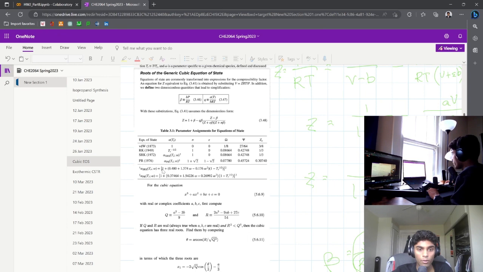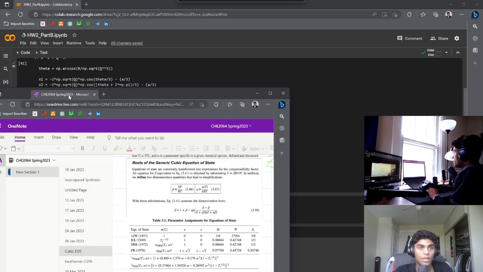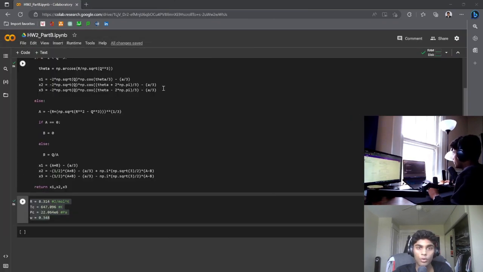So one of the first things that we want to look at is the fact that we have these van der Waals equation properties, and we have a separate set of them for our SRK equation of state. So we're going to have our code take that and create our own function that separates these out depending on which one we want, right?